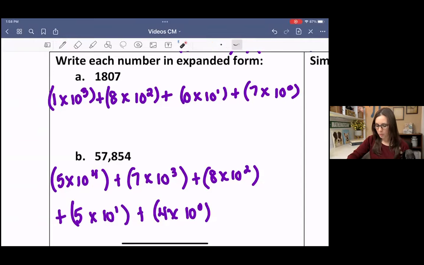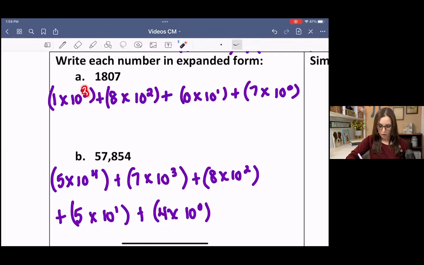Something I want to point out before we move on is if you're struggling with knowing where to start as far as the exponents, a little hint is the exponent correlates with the number of digits behind the number you're focused on. So if you're focused on the 1 here, there's 3 digits behind it.